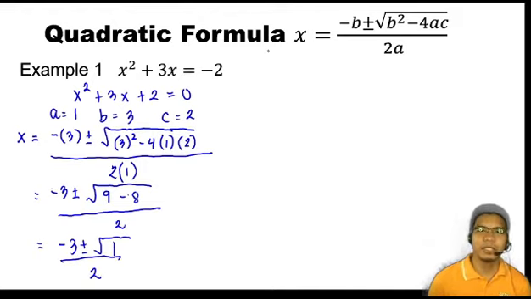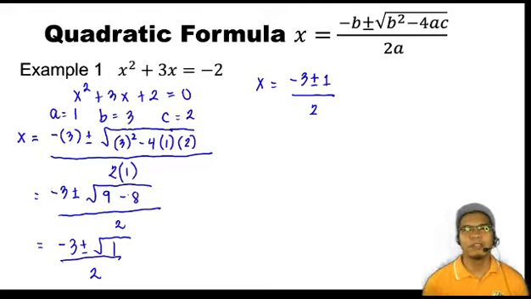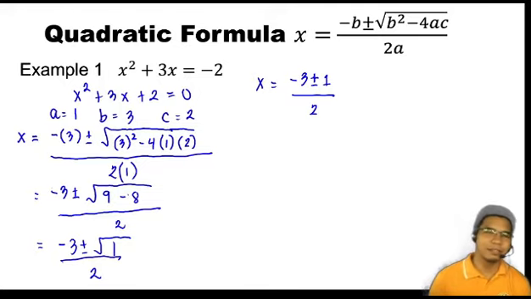And then we continue with simplification. So we have here x, copy negative 3 plus and minus. Get the square root of 1. The square root of 1 is 1 all over 2. So when we are done with the simplification, we're just going to solve for the two values of x. x sub 1 is using the addition, and then the other one is using the subtraction.